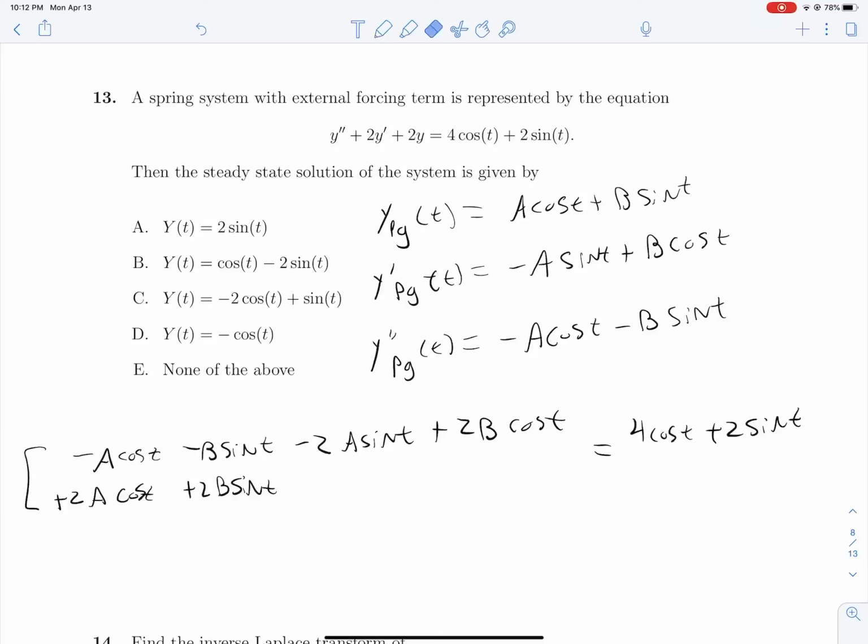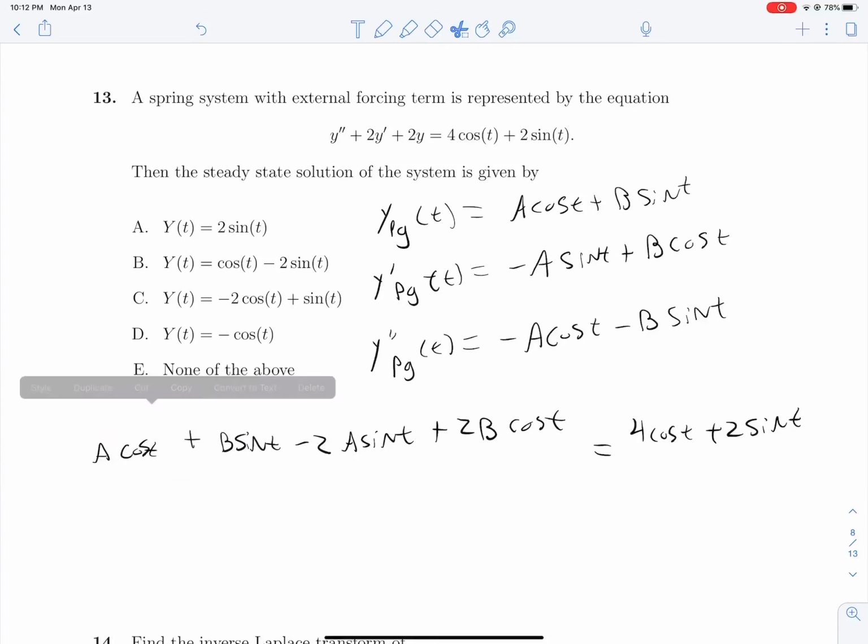So I already grouped these variables in a way where we can just combine the like terms that we do have. We'll be left with 1a and 1b over here.